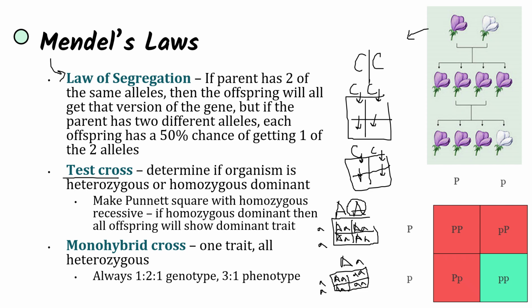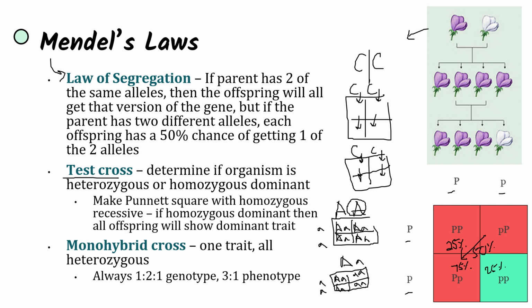But if you're crossing two heterozygous offspring, such as here, then you're going to have a common ratio of 1 to 2 to 1 genotype, meaning that statistically you would have 25% that are homozygous dominant, 50% that are heterozygous, and 25% homozygous recessive, talking about genotype, and then a 3 to 1 ratio of phenotype. So this 75% total would express the dominant allele outwardly, while this 25% would express the recessive allele.